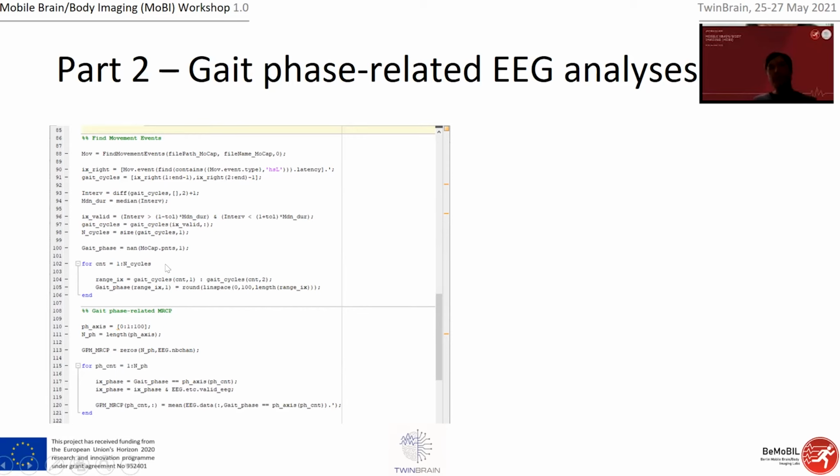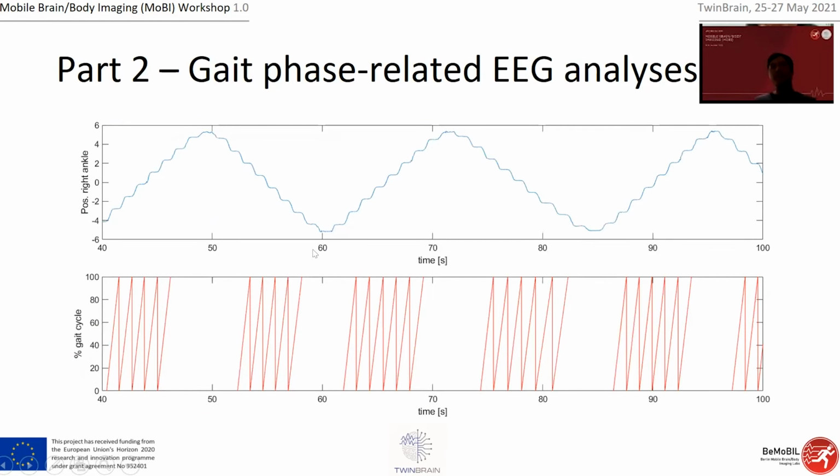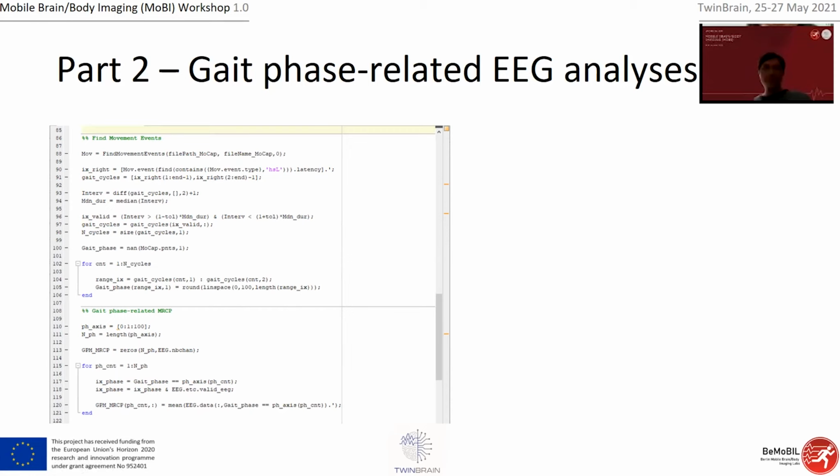I compute these gait phases as shown here. And those gait phases, and that's very important, have exactly the same number of samples as the EEG record. And then I can compute very, very simple MRCPs from them. Meaning I look for every phase in the gait cycle where this phase is occurring.